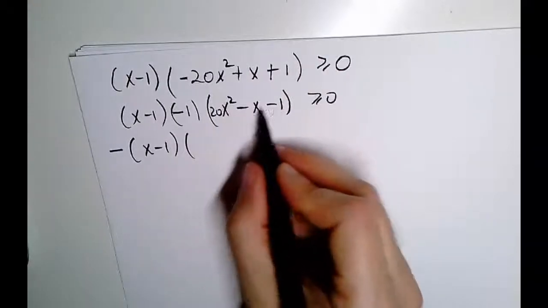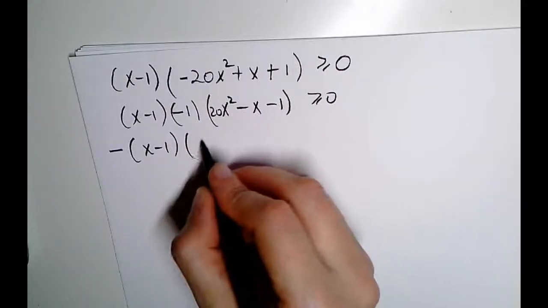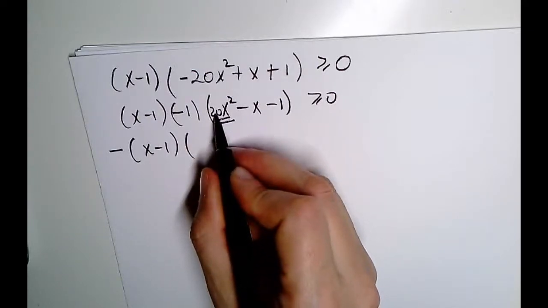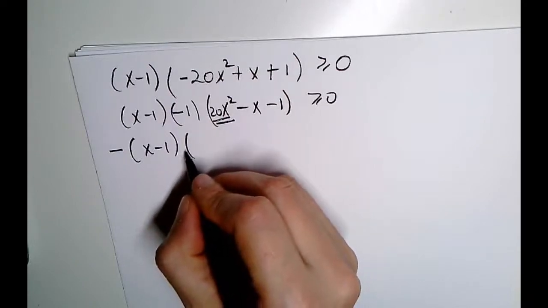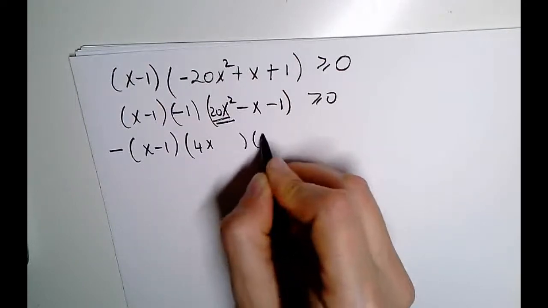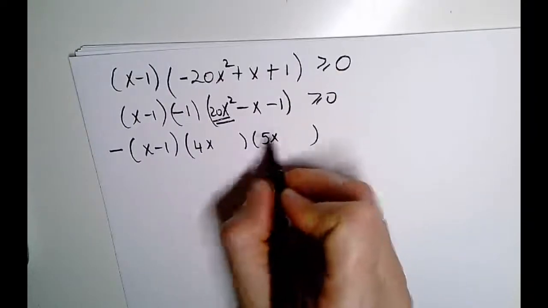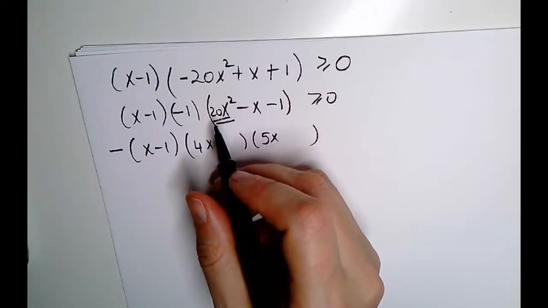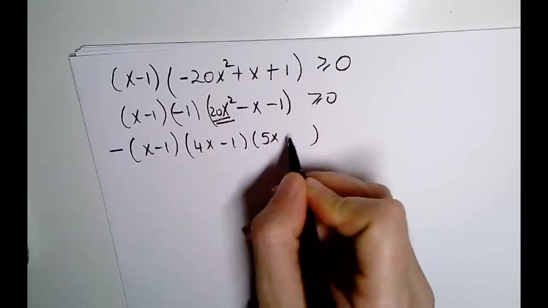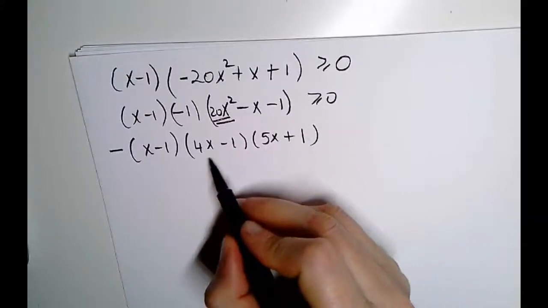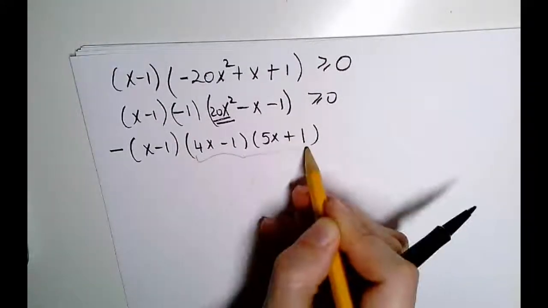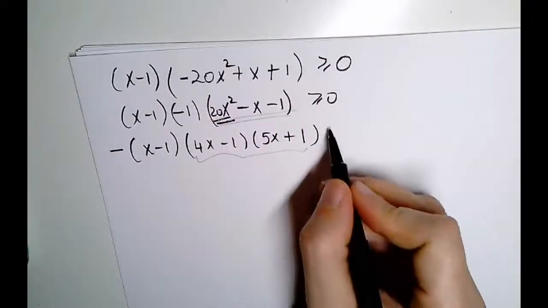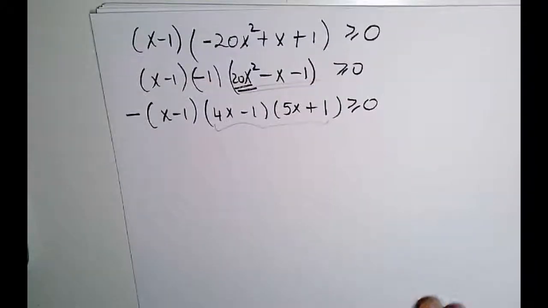Then I can factor 20x squared minus x minus 1. The factors are going to be 4x and 5x, because 4x times 5x is 20x squared, and that gives me a minus 1 and a plus 1. You can FOIL this and see that it equals that, greater than or equal to 0. So finally, I have it in factored form.